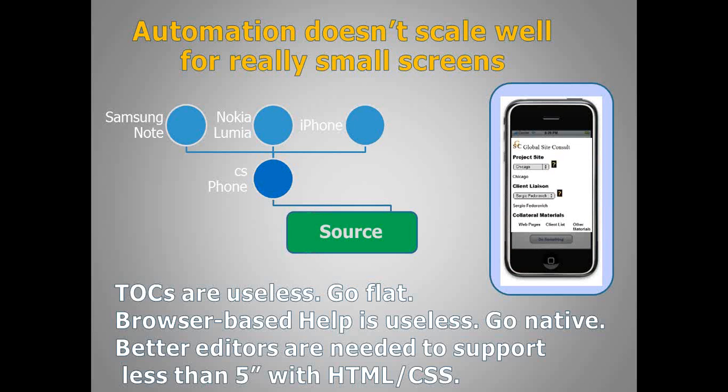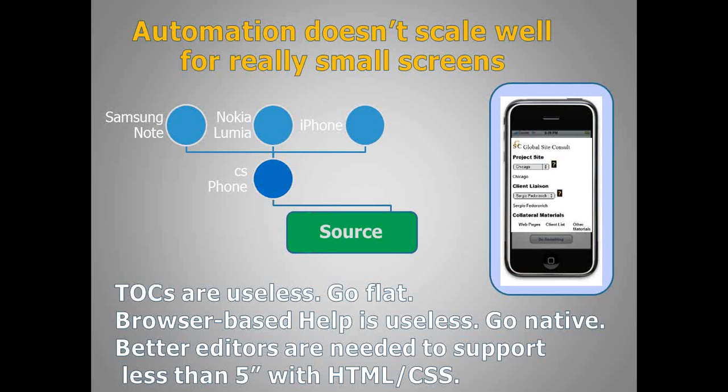For a small screen device, a table of contents is completely useless, and I've been involved in a lot of usability studies over the past couple of years where I've observed people working with tables of contents in apps, and it's just a mess. People have no interest in that. So if your authoring tool says you can get your desktop version into a small screen version, well, technically it can, but it's just garbage.